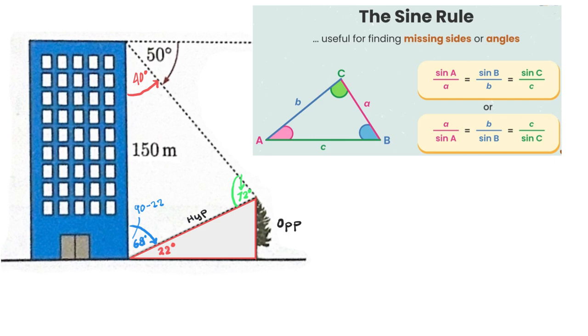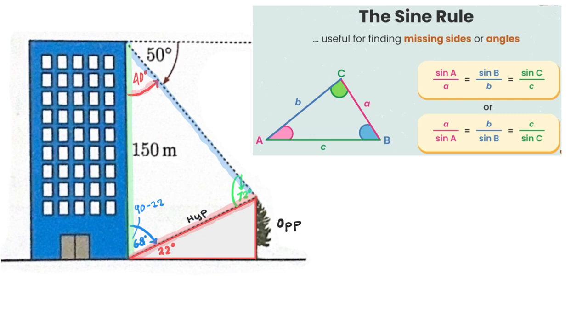And so we can pair them off. Our blue angle will be associated with the blue side on the opposite side. Our green angle will be associated with the side of the wall here. And lastly, our hypotenuse side will be associated with the red angle here.